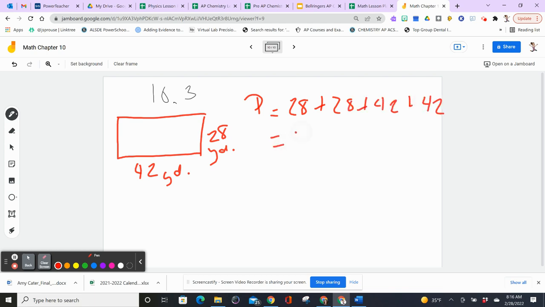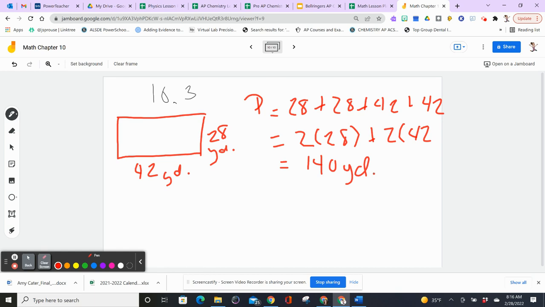The other way I could think of it is 2 times 28 plus 2 times 42. Either way, that comes out to be 140 yards. But that's not the end of our problem. We need to know how much it's going to cost to put a fence around that field.